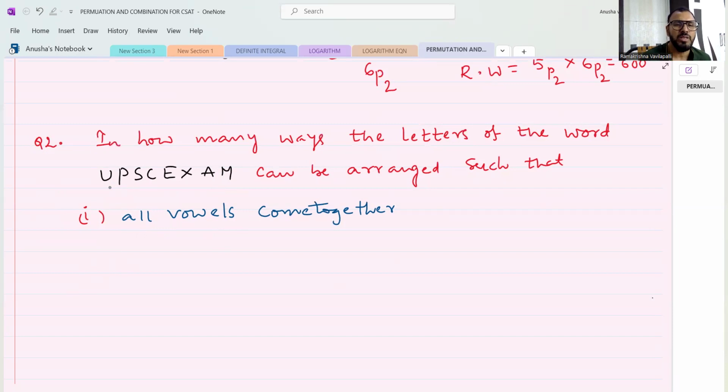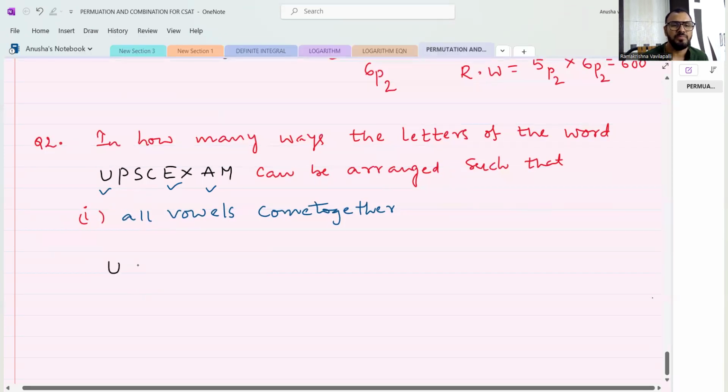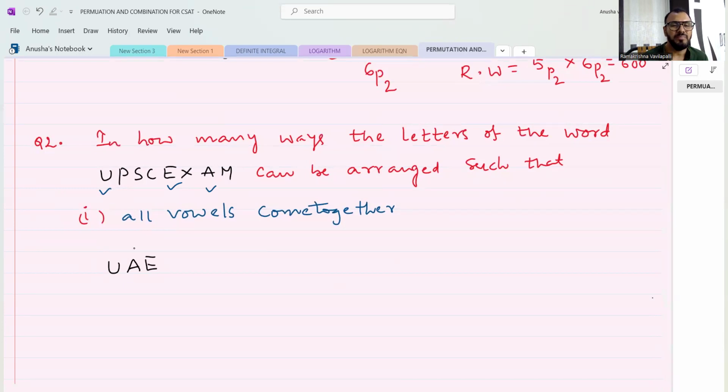So here we have three vowels: U, E, A. We consider all three vowels as a single object: U, A, and E. Suppose we want four objects to come together, you consider those four objects as a single object.